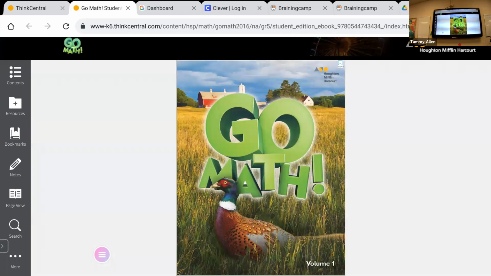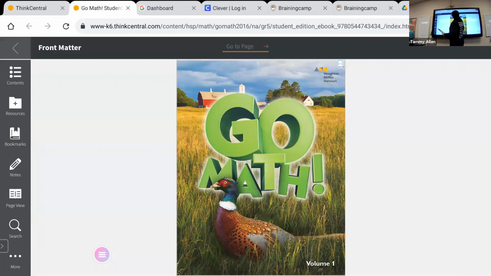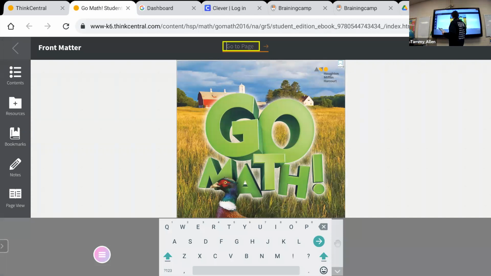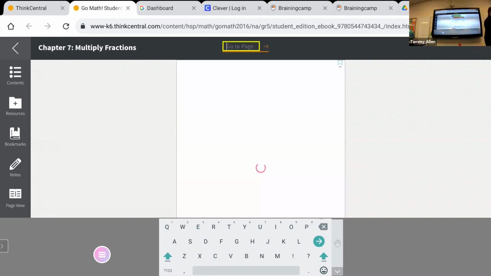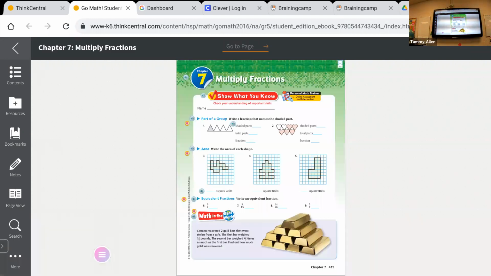On 419, how many shaded parts? 1 out of how many total parts? 4, making it what is a fraction? Okay. Number 2, how many shaded parts? Total parts? Fraction? Number 3, how many square units?